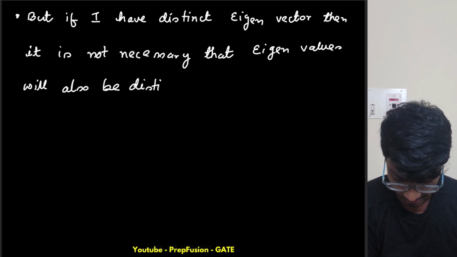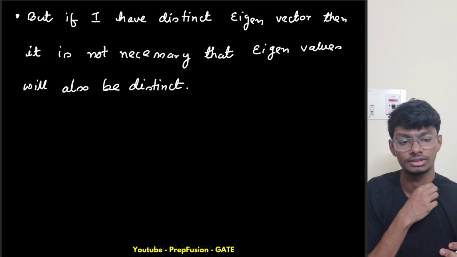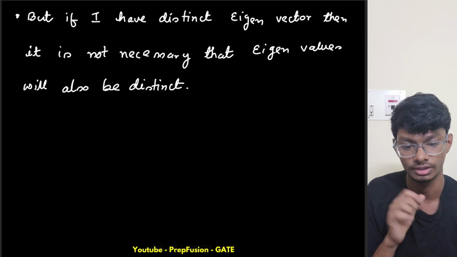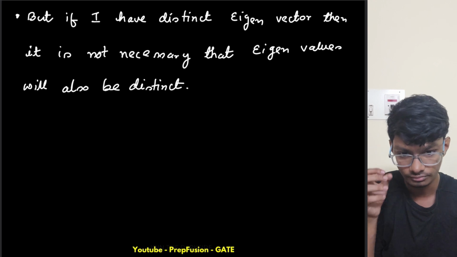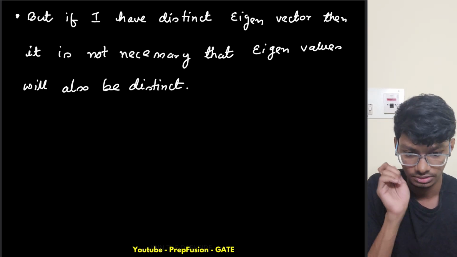They can be the same, they can be different. There is no fixed rule. So this was the point that I wanted to tell you about. That is the main thing.